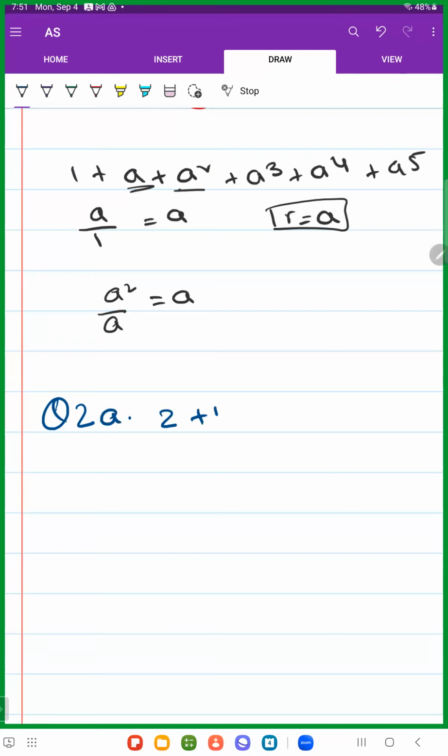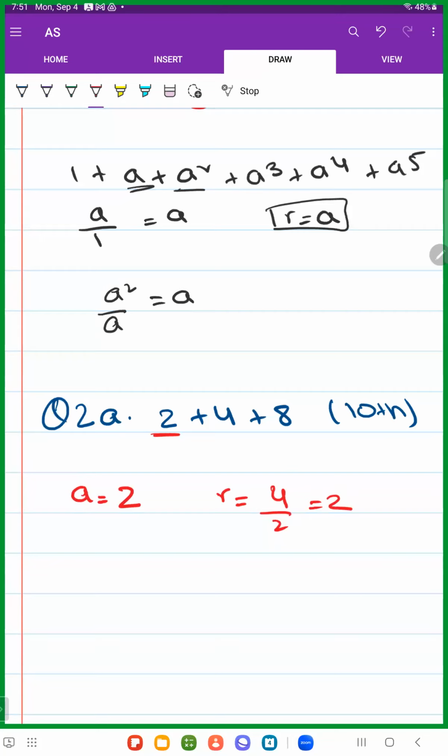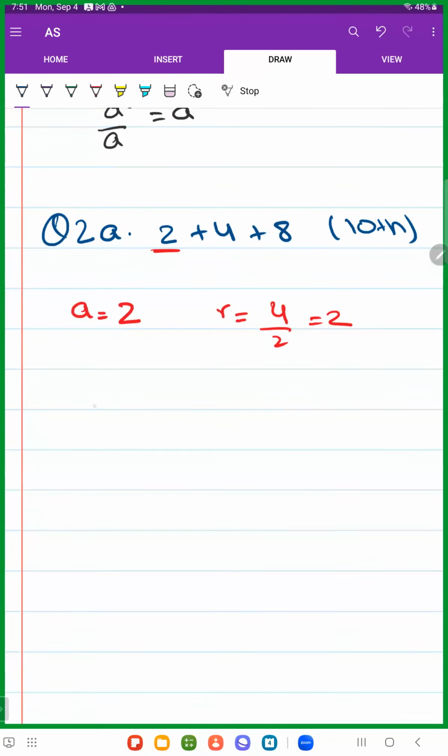So I have 2 plus 4 plus so on, and I have to find the 10th term. First job is to tell what is A. A is 2, right? Now I have to find R. R would be 4 upon 2, which is 2. So now I will use my term formula to find the 10th term.